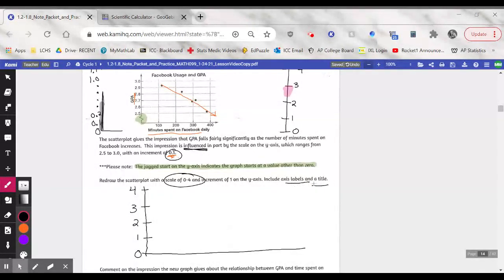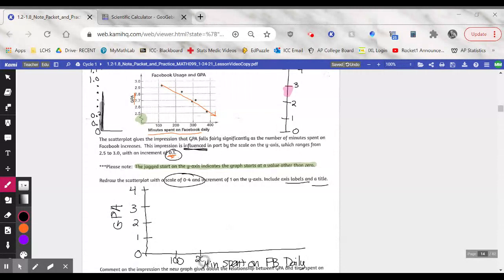So you want to include labels and a title. So we want to include that these numbers are for our GPA. And when we do the numbers along the bottom, we want to show that this is the minutes spent on Facebook daily. Okay. And it didn't ask us to change those, so we can just keep those the same.